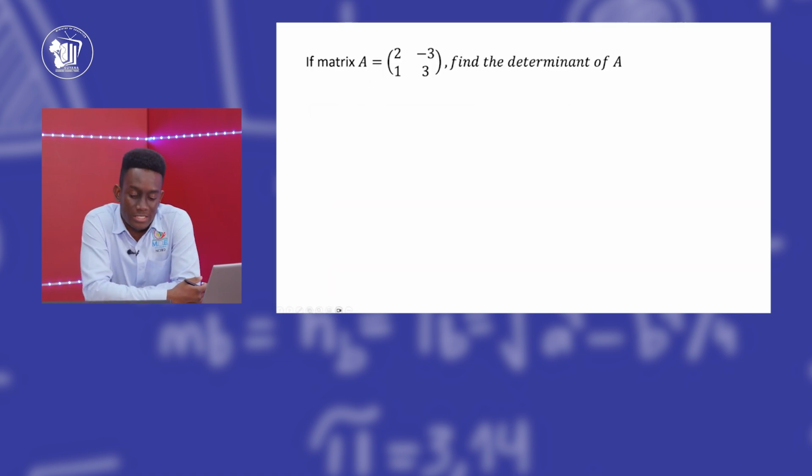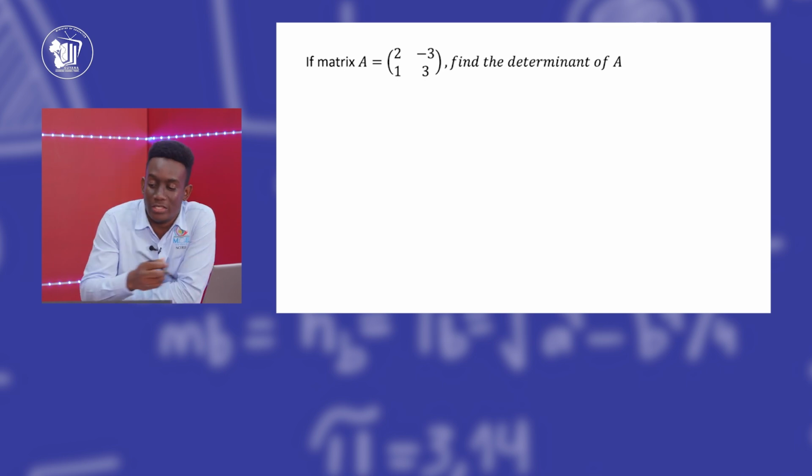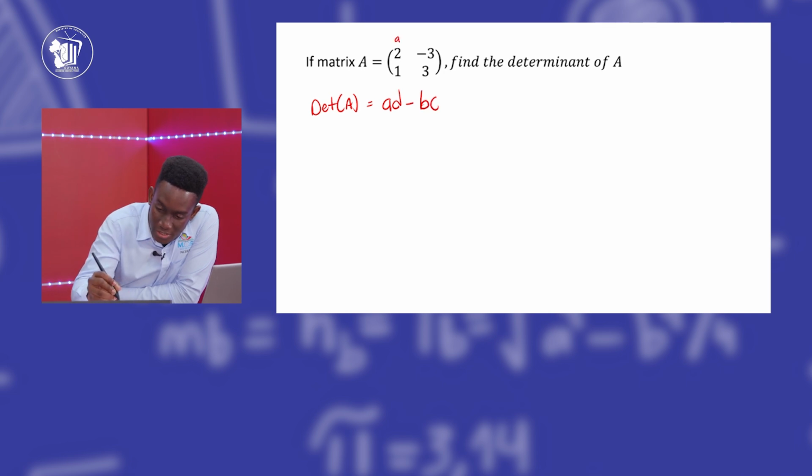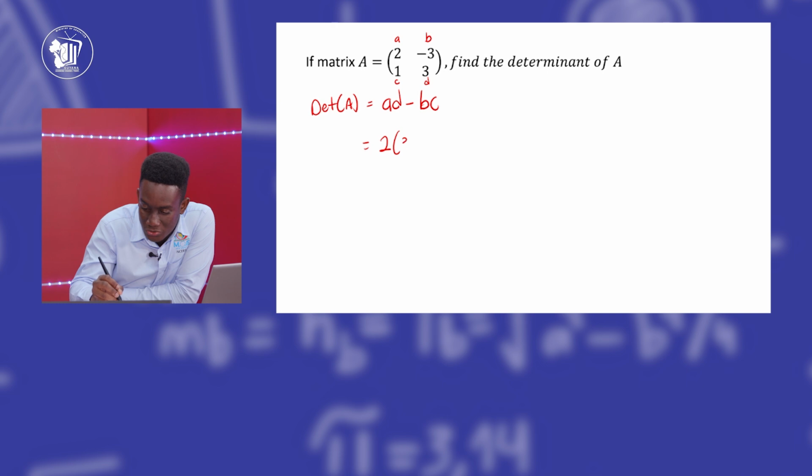So let's look at another example. If matrix A is equal to 2, negative 3, 1, 3, find the determinant of A. We know the formula for the determinant is AD minus BC. So A is 2, multiplied by D, which is 3, subtract B, which is negative 3, multiplied by C, which is 1.